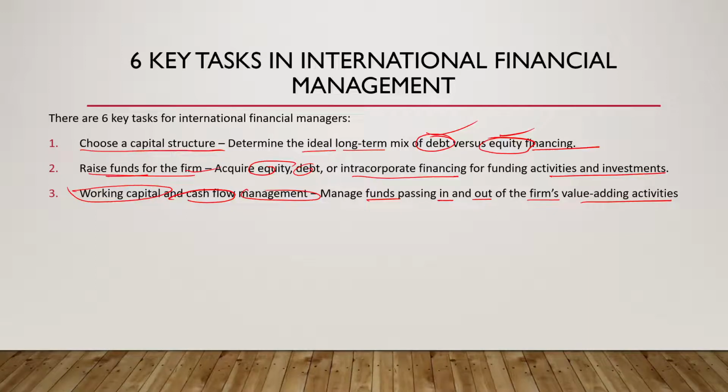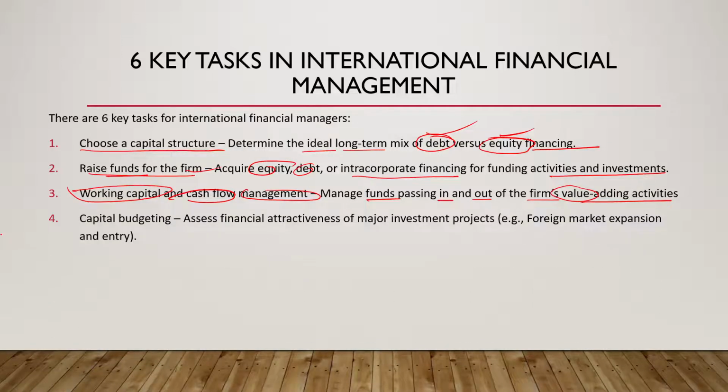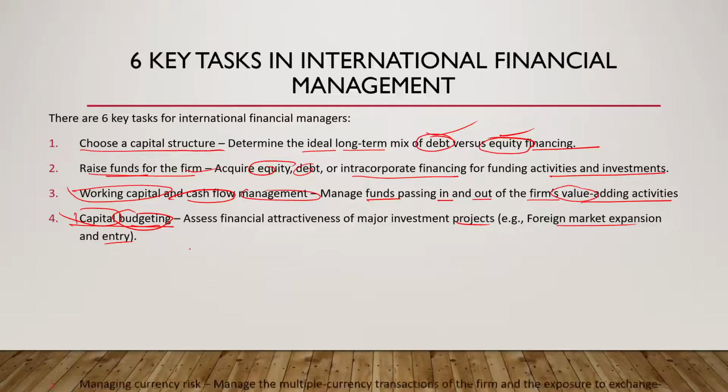So the activities should add value to the firm. And then the fourth task is capital budgeting. It simply means we budget the capital for specific investment projects, for example, foreign market expansion or foreign market entry in a specific country. So it is how the managers do the budgeting of the capital.